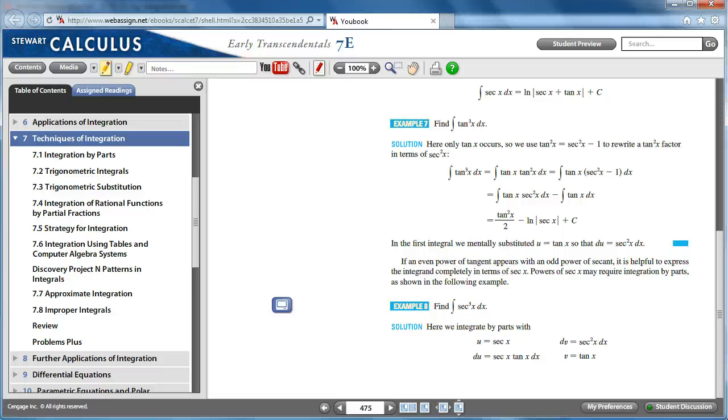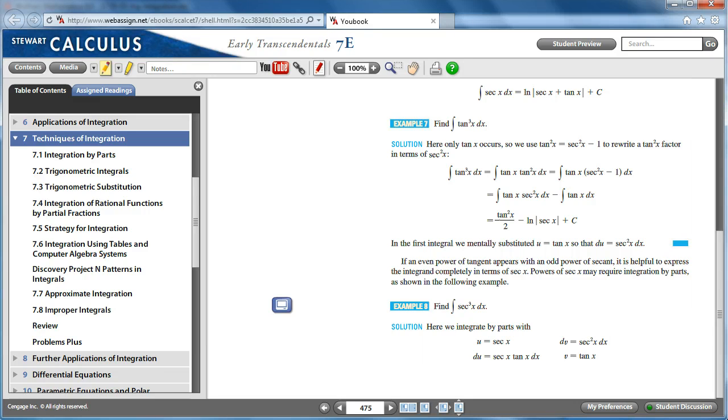We can decompose tangent cubed into tangent times tangent squared, and tangent squared can be rewritten as secant squared minus 1. And this is a typical trick, isn't it? Tangent squared and secant squared, sine squared and cosine squared, cotangent squared and cosecant squared can be interchanged, and this is a typical thing.